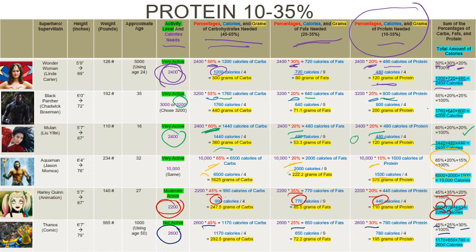So when you look at it, 1,170, 650, 780 equals 2,600, just as this. Just remember, when you're calculating these calories, the percentages of these macronutrients have to equal 100.